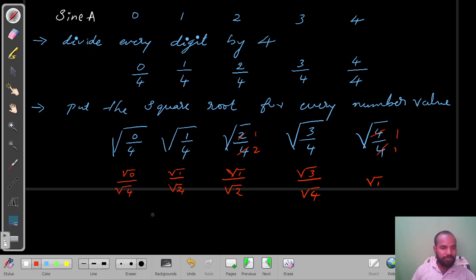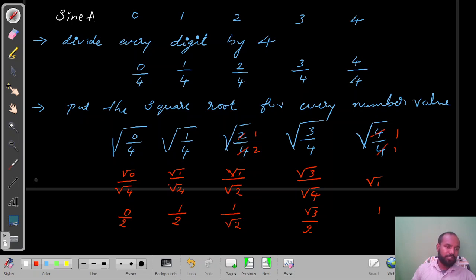Now root 0 is 0. Root 4 is 2. Next root 1 is 1. Root 4 is 2. Root 1 is 1. Root 2 is root 2. Next root 3 is root 3. Root 4 is 2. Next root 1 is 1.